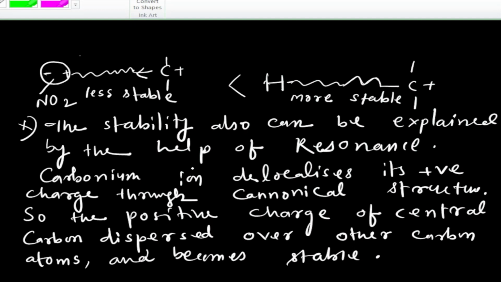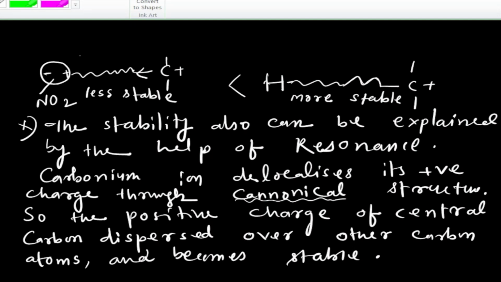When resonance takes place, that means the ion delocalizes positive charge through the canonical structures. When there is a canonical structure and a positive ion, automatically the electrons delocalize through the canonical structures. So the positive charge of the central carbon atom disperses over other carbon atoms.